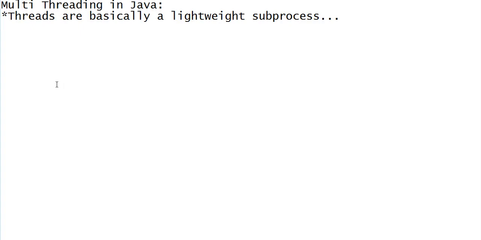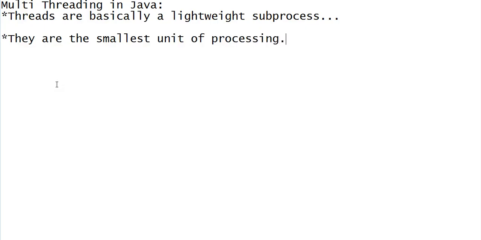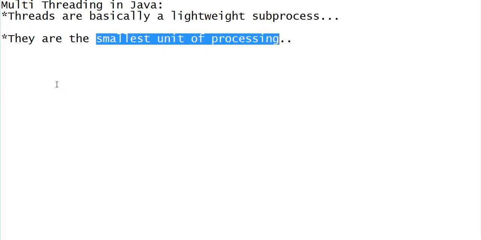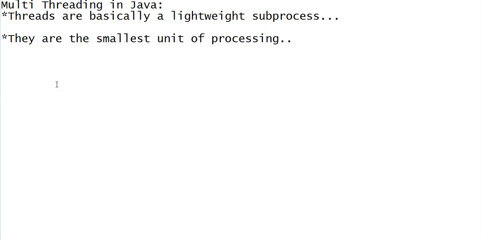They are the smallest unit of processing. You need to remember this: threads are basically the smallest unit of processing, and they are lightweight subprocesses.